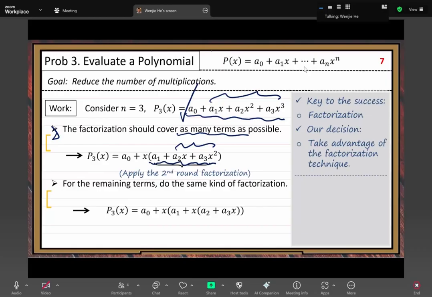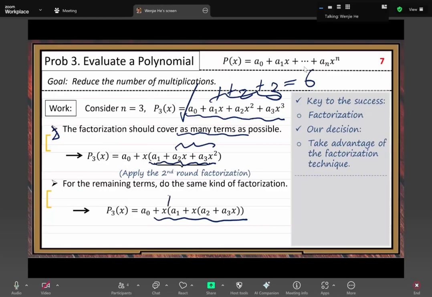Yeah. 1 multiplication, 2 multiplication, 3 multiplication, adding, you get 6 multiplications, right? 1 plus 2 plus 3. All right. Now let's count. How many multiplications do we need in our new form? New form. Okay? All right.